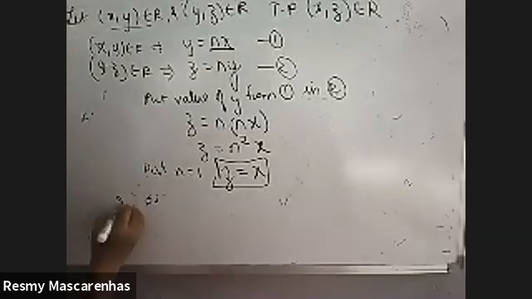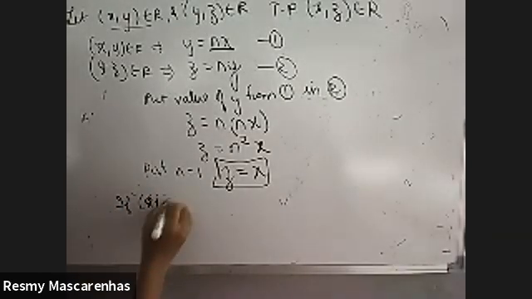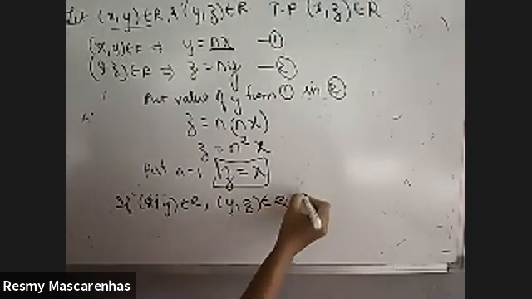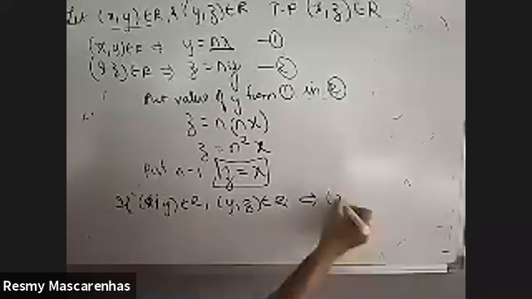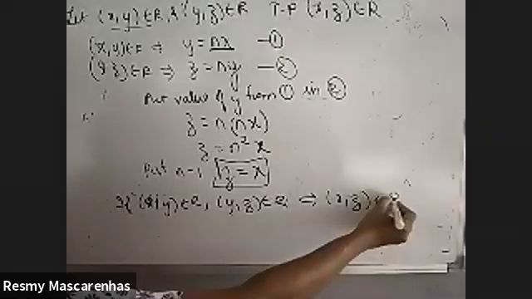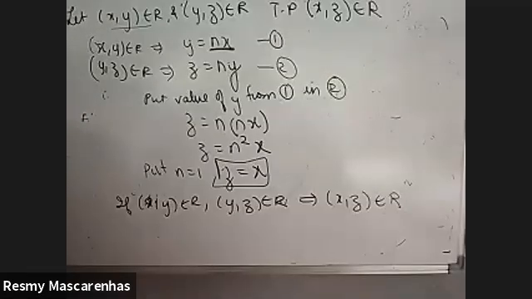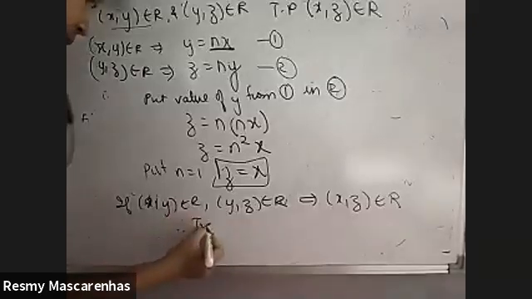Therefore, if (X, Y) belongs to R and (Y, Z) belongs to R, it implies that (X, Z) belongs to R. Therefore, transitive.